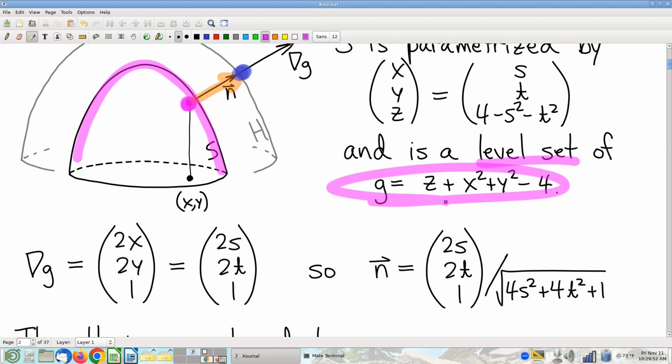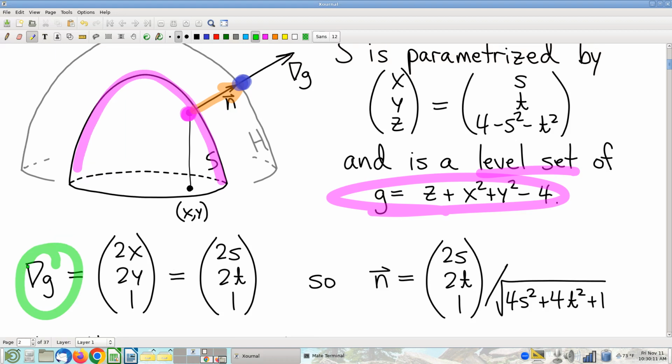Once you know that it's a level set, you can make observations like, that means the gradient is perpendicular to that surface. Gradients are perpendicular to level sets. So all I've got to do is take the gradient of this g function, which is going to be perpendicular. And that's easy to write down. There you go. How are we doing so far?